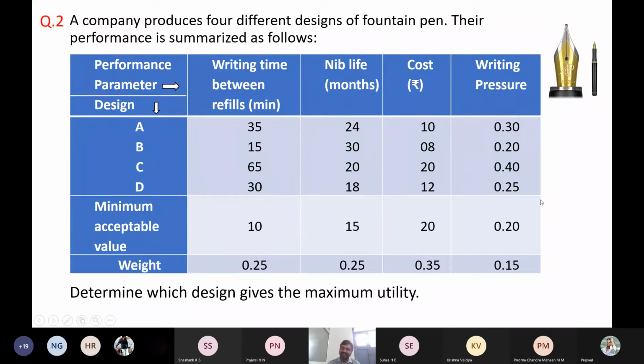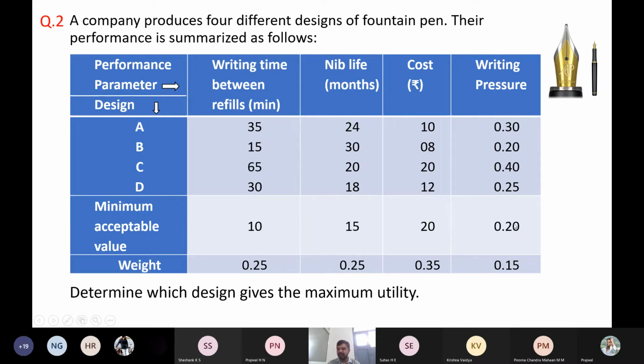If it is a ballpoint pen, you can consider writing pressure in another way, for example paper damage. But for an ink pen you are considering the nib, so by considering the safety of the nib, you are considering minimum pressure as preferable. Another observation you can make is the minimum acceptable value, which is 0.20.